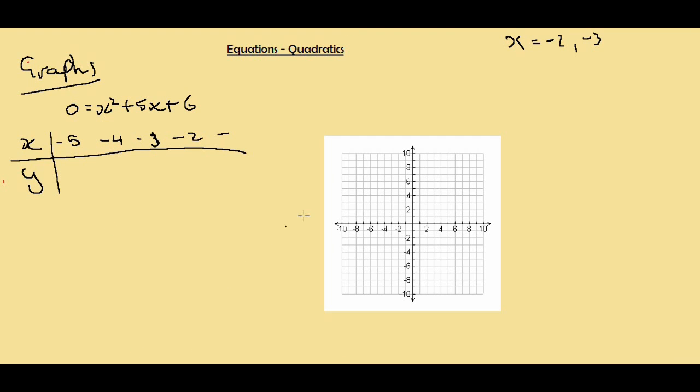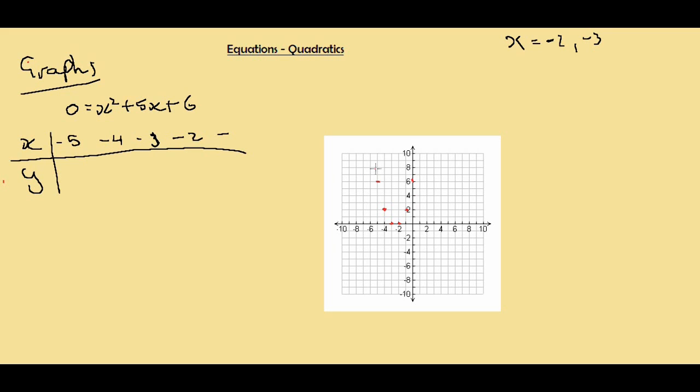For the purpose of this I'm not going to fill out the table, just for time reasons more than anything, but what we end up getting, and I'll change the colour for this, is a nice graph. I'll just put some coordinates in.